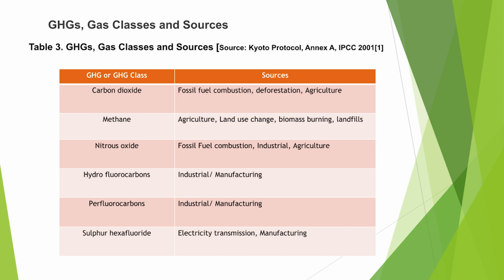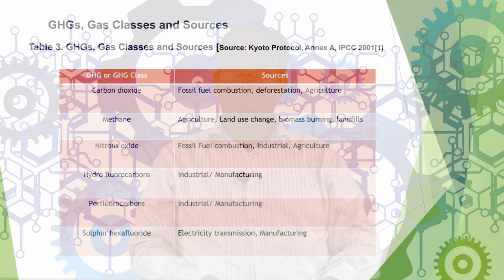Methane: the main sources are agriculture, land use change, biomass burning and landfills. Nitrous oxide: the main sources are fossil fuel combustion, industrial and agricultural. Hydrofluorocarbons: industrial and manufacturing. Perfluorocarbons: industrial and manufacturing as well. And sulfur hexafluoride comes from electricity transmission and manufacturing industries.